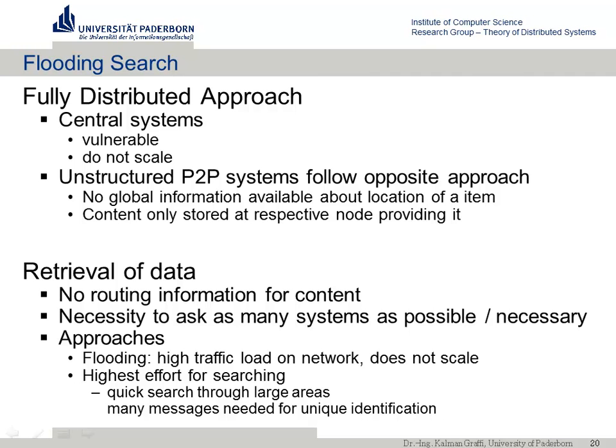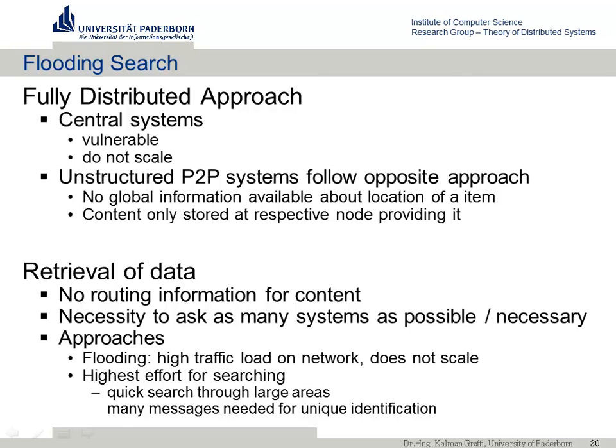So the point was, in the worst case, that you have to ask as many systems and devices as possible or necessary until your query is successful. Just imagine if your hop count in the beginning, the time to live, was 7 or 8, and you contacted 1 million nodes and still didn't find your object.